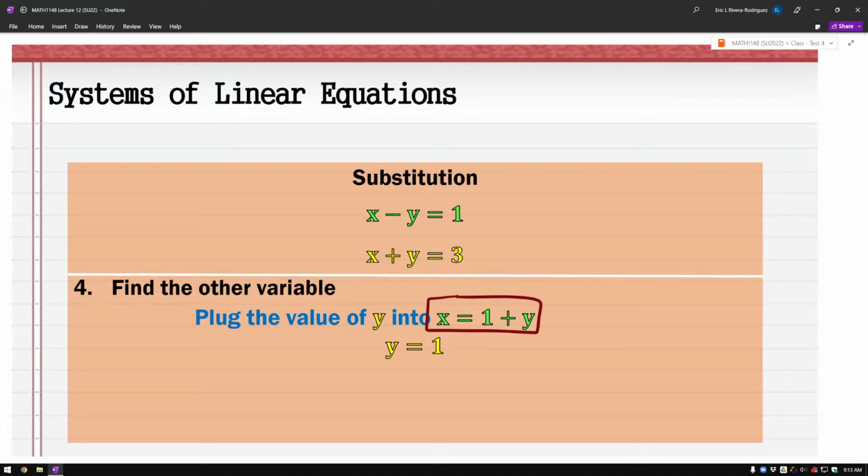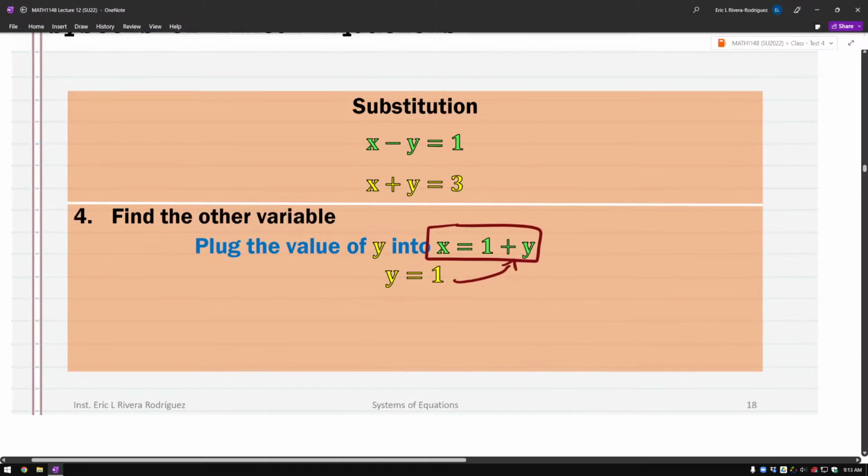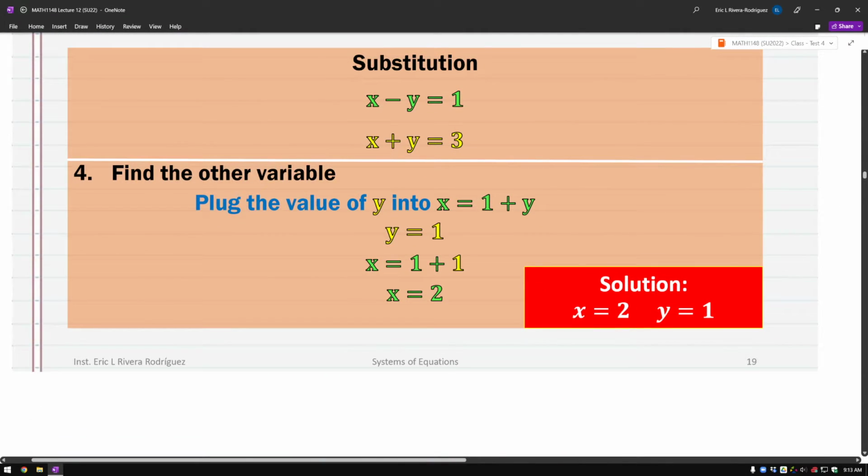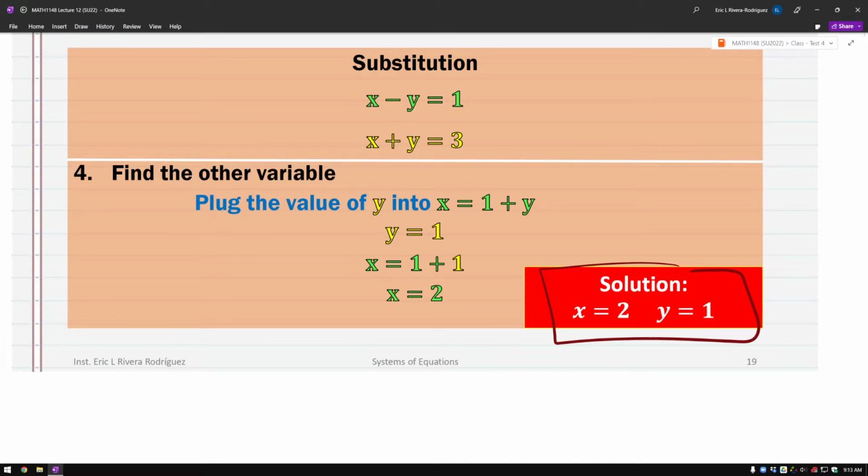We solved for x there, right? So now what we need to do is plug y into this equation and solve for x, and that will give us x equals 2, and then we have the solution there. So these are the 4 steps to do substitution. Any questions?